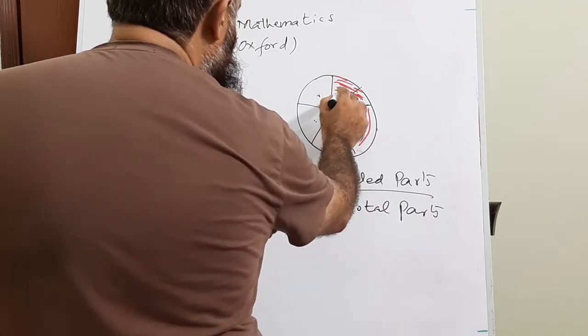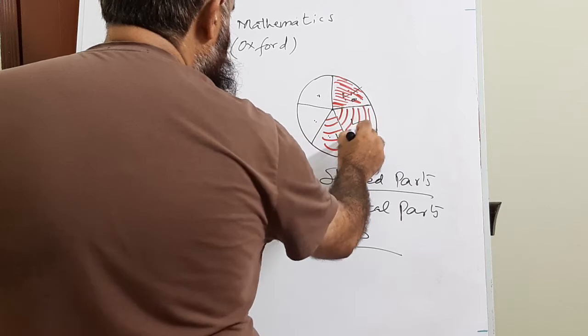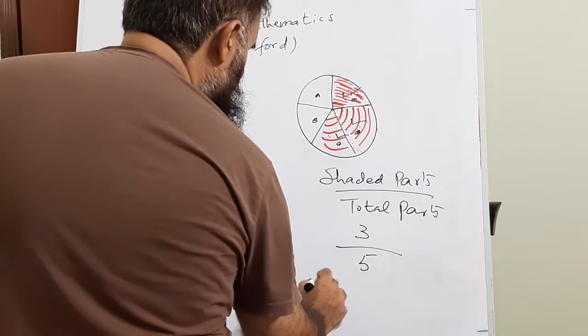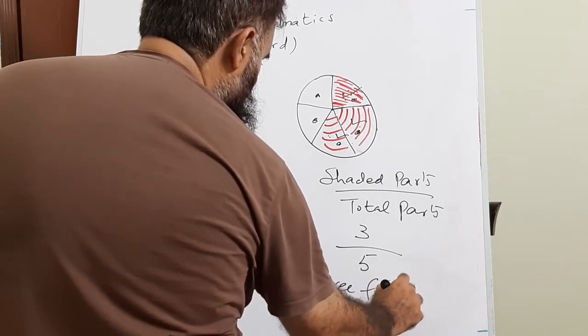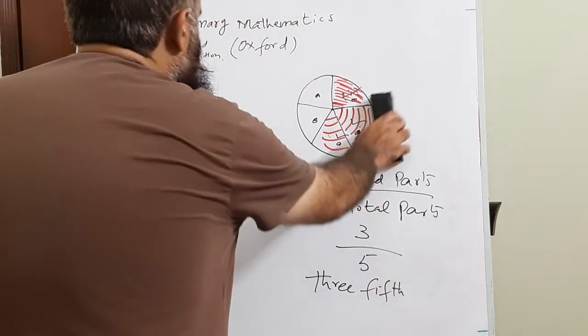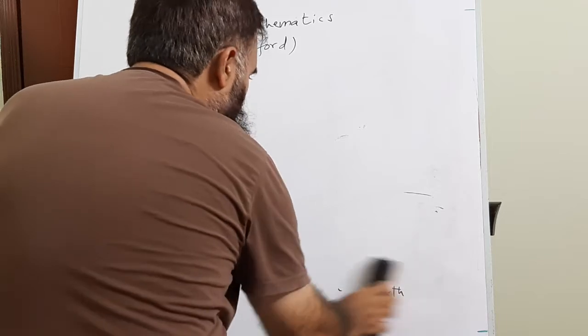How many shaded parts? 1, 2, 3. 3 are shaded parts. How many total? 1, 2, 3, 4, 5. 5 are total. So we say 3/5 of the circle is shaded. So this was the material on page number 225.